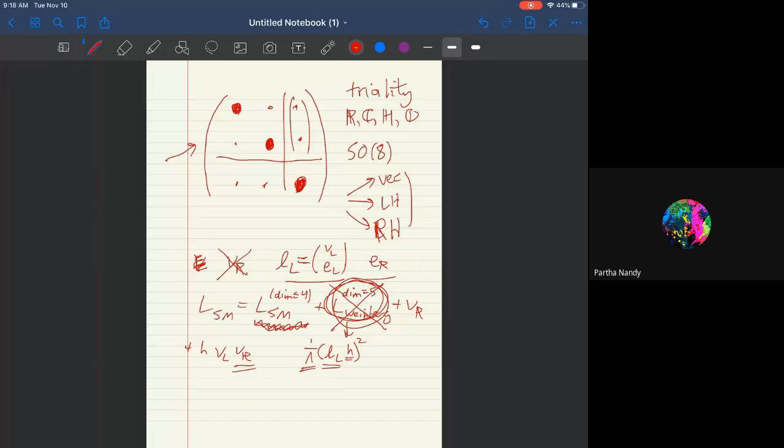But we've not yet successfully written down such a theory. We've been thinking about it, but it's not clear whether such a theory is possible to write down.